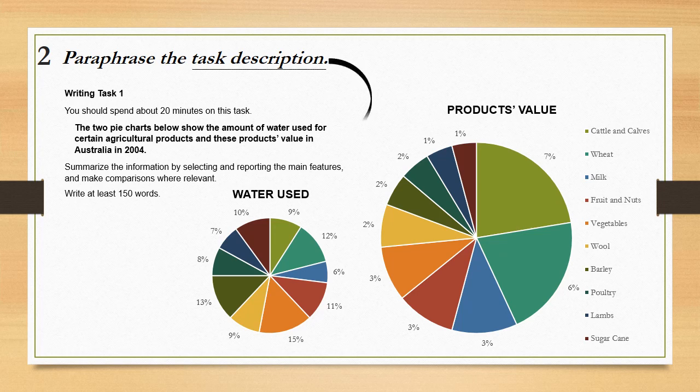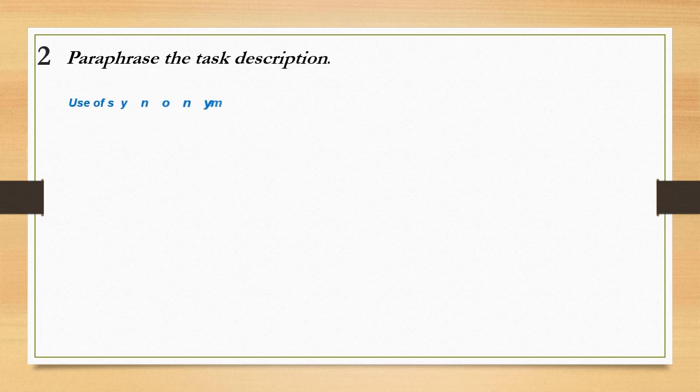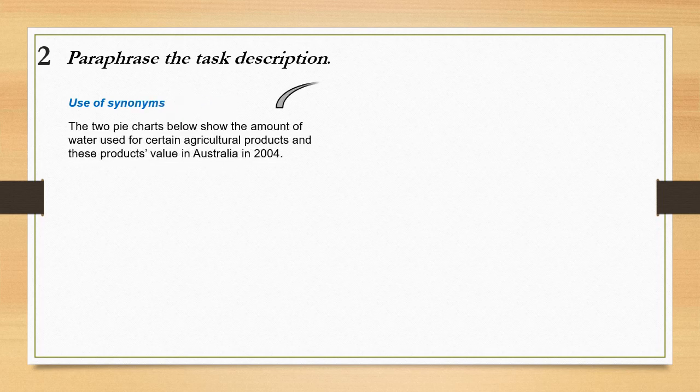Now, some of you may not understand the task description due to limitation in vocabulary or perhaps the complexity of the structure. So what you should do is to look at the graph and analyze what it is. Now, that is one reason why we need to analyze the graph.